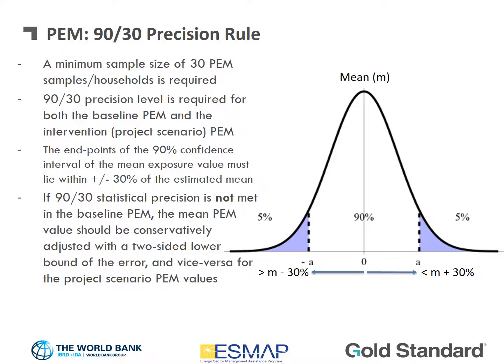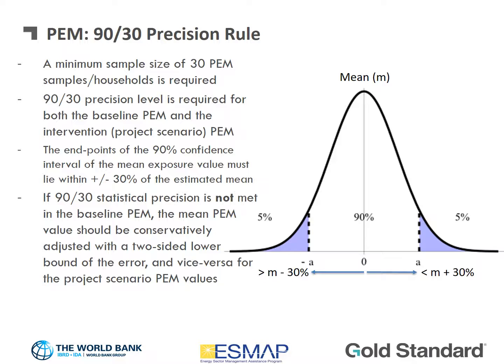A minimum sample size of 30 samples is required for both the baseline and project scenarios. Of those 30 samples, if you look at the distribution, you can look at a specific 90% confidence interval for that data set. And the 90% confidence interval here is defined by these black dotted lines.